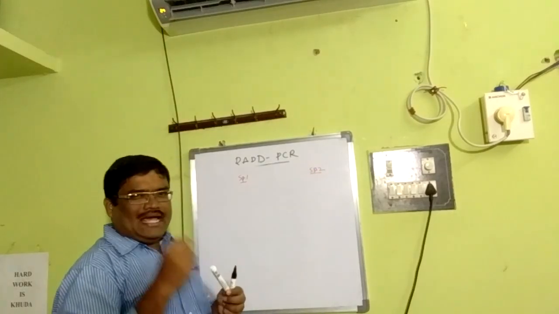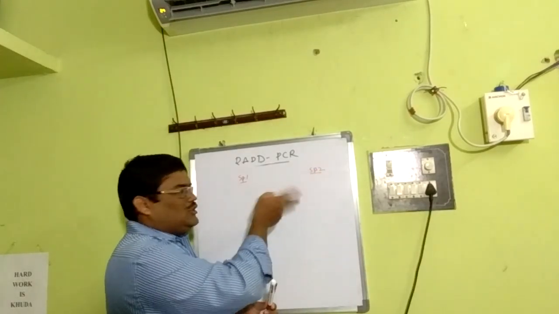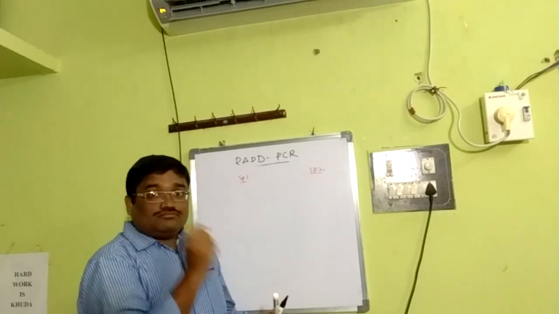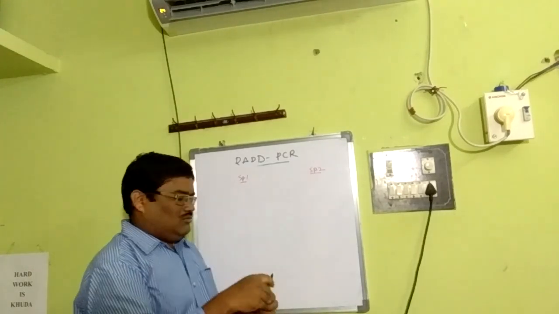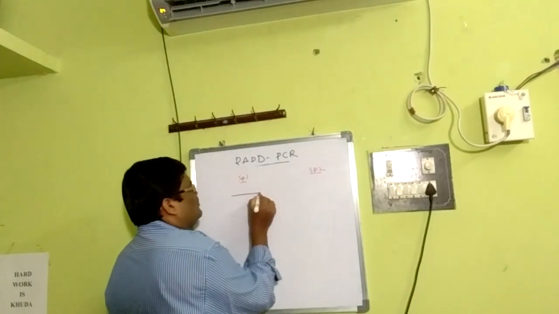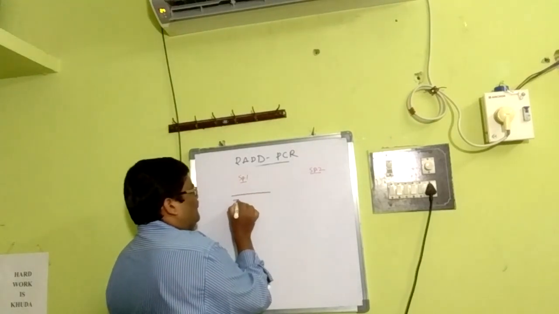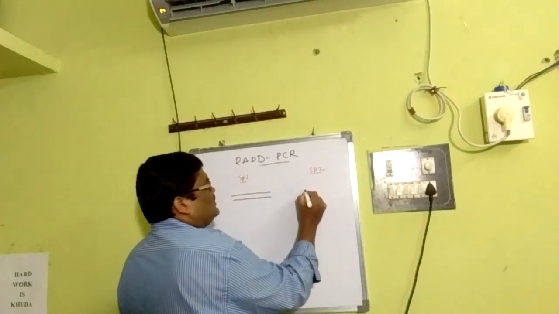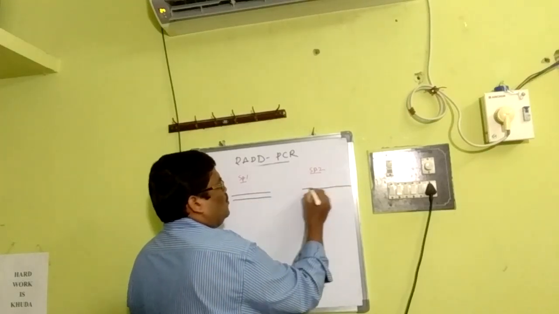We would like to establish the genetic variations between these two based on polymorphisms, that means based on the banding technique. Say this is the DNA of species 1 and this is of species 2.